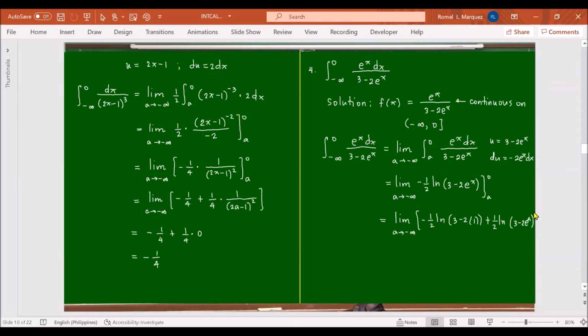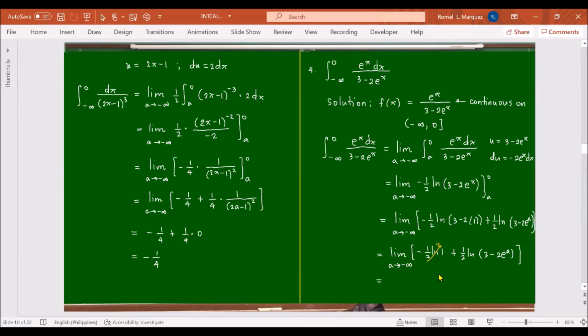Okay? And this is equal to the limit as a approaches negative infinity. So let's simplify this. Negative 1/2 ln of 1. But ln 1 is what? Equal to 0. So this is equal to 0. Then plus 1/2 of ln of 3 minus 2 e to the a.